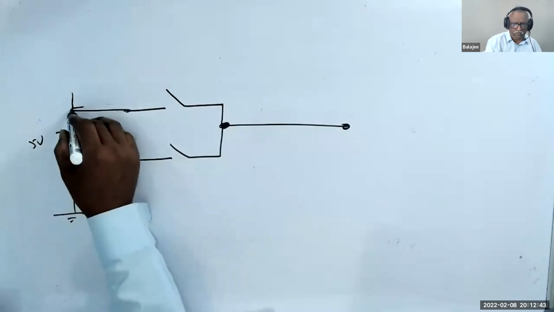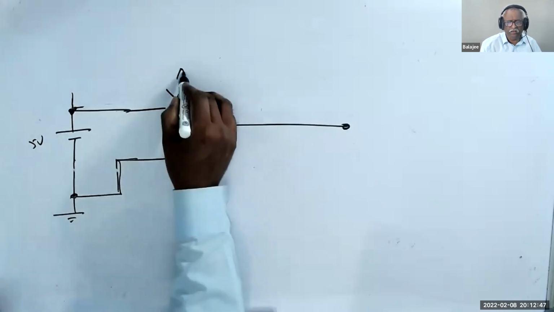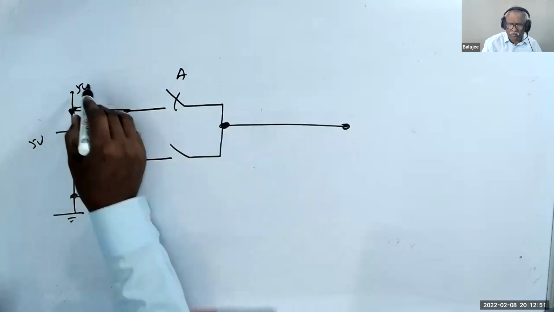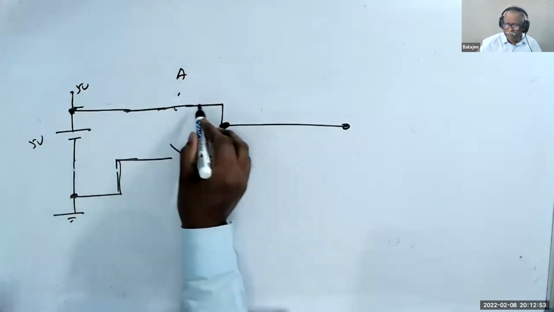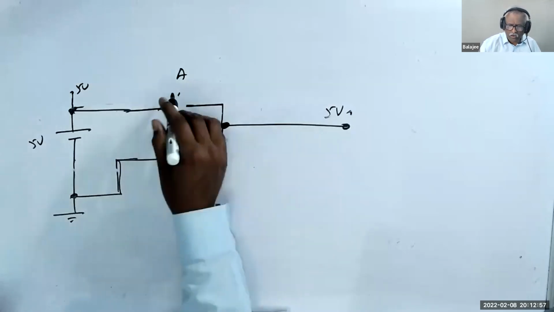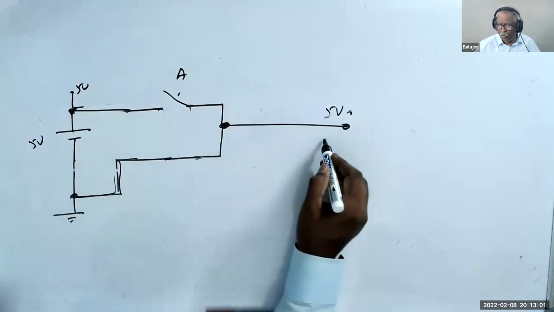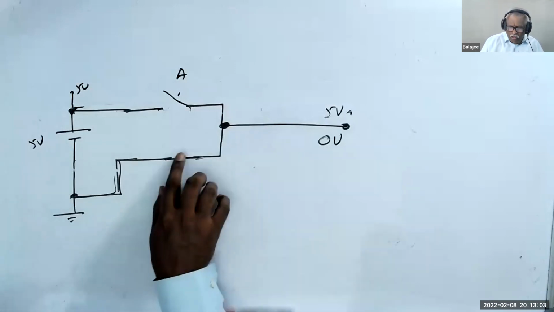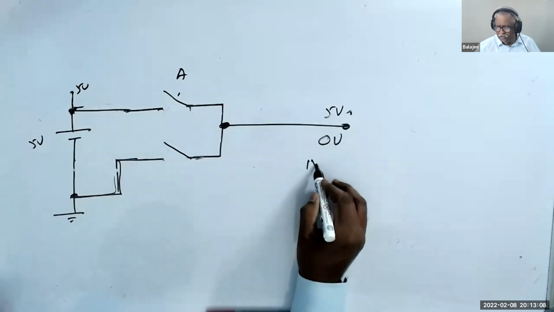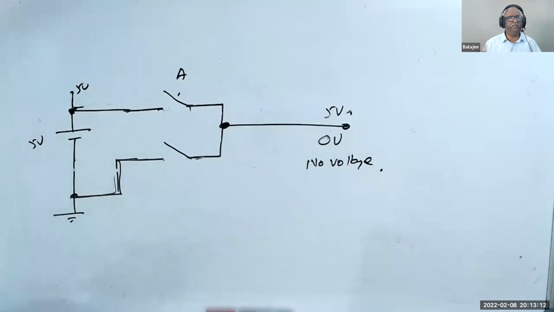Understand? When I put the switch A on, the 5 volt goes here. This becomes 5 volt. That is fine. When this switch is on, the 0 volt goes here. This is 0 volt. When both the switches are off, this becomes no voltage. Understand now?